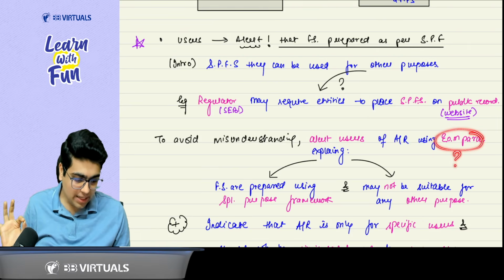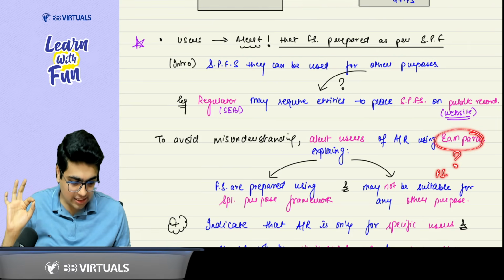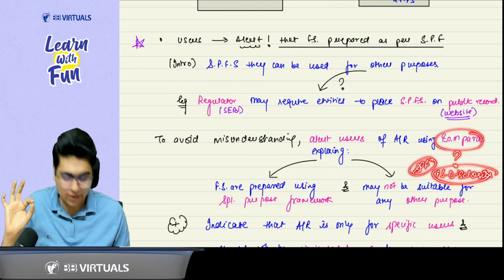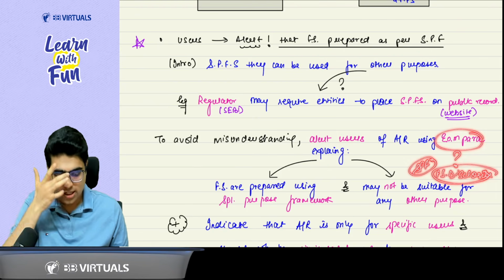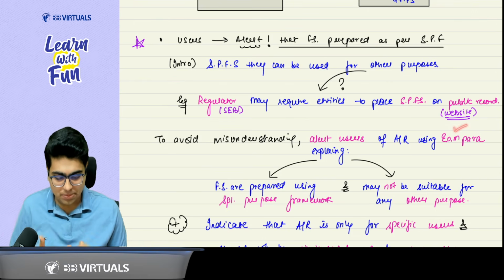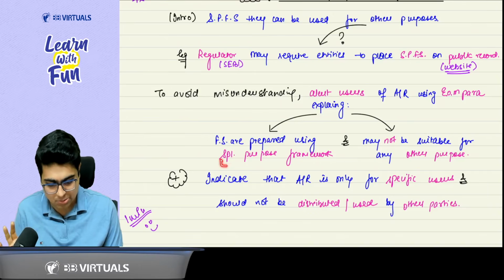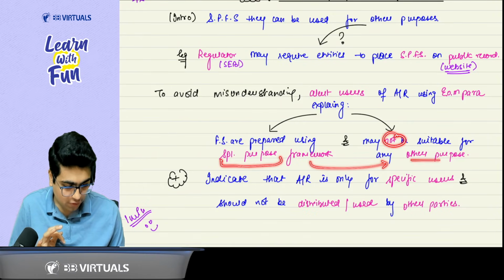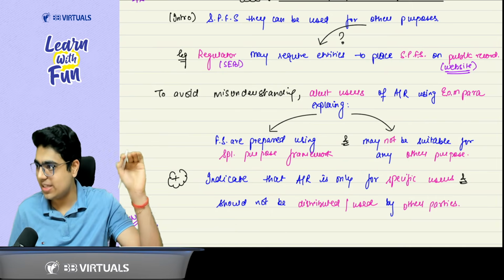Sir, why EOM para? Because the financial statement will also have a disclosure that these financial statements are as per special purpose framework. You're getting the point or not? Yes, sir. So we will alert the users using an EOM para that financial statements are prepared as per special purpose framework, so not suitable for any other purpose. Understood? Yes, sir.